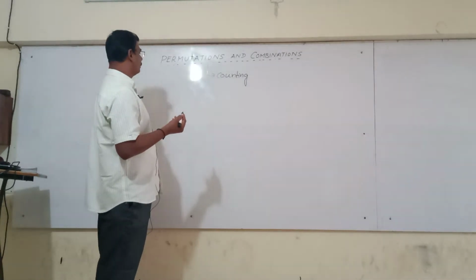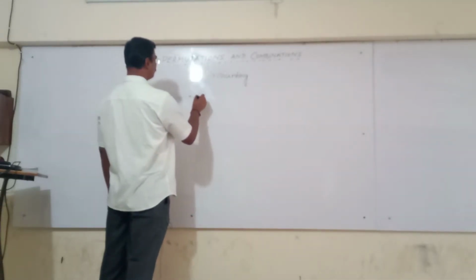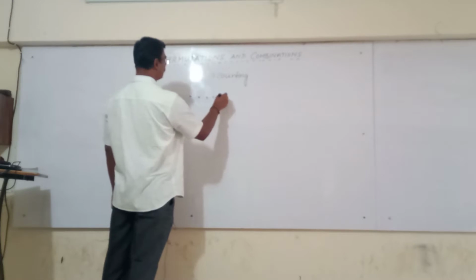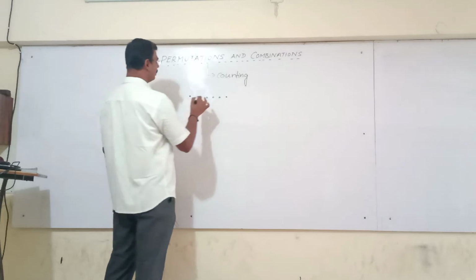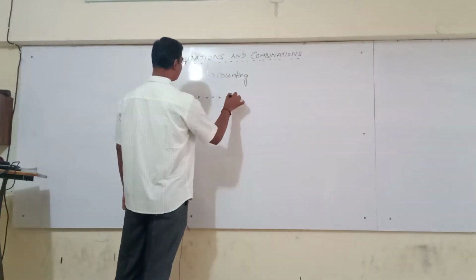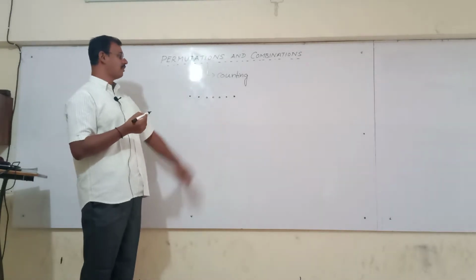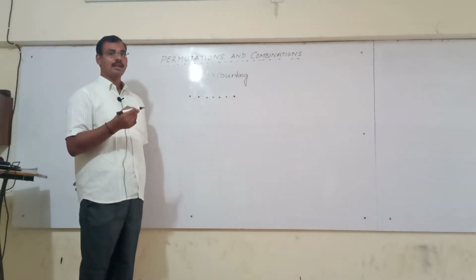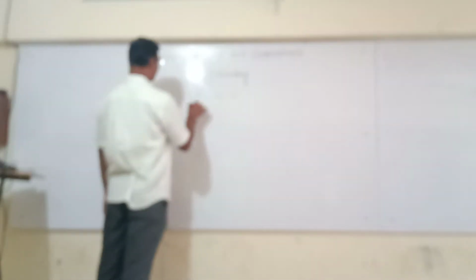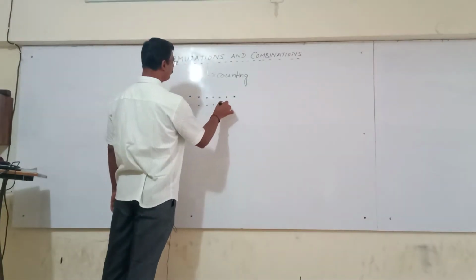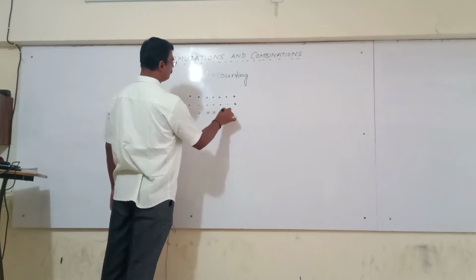I take a grid. In the grid, there are 7 dots, and there are 5 rows.